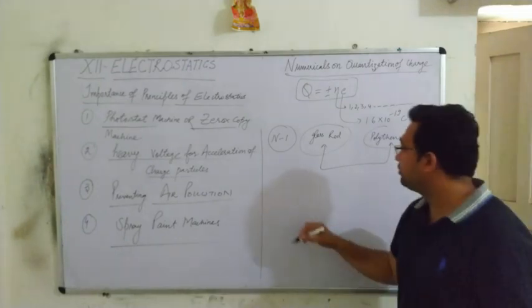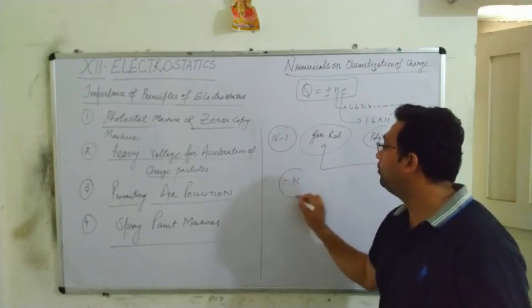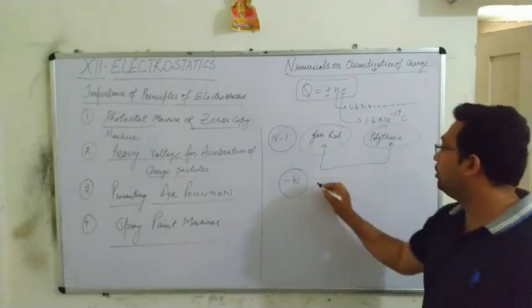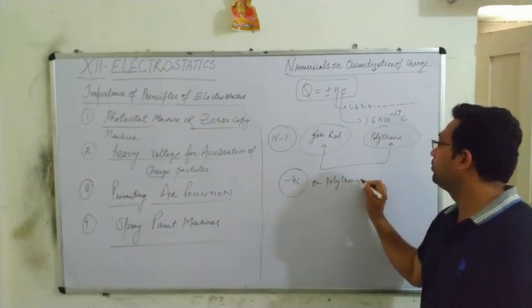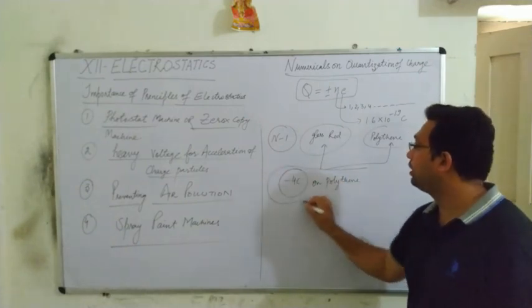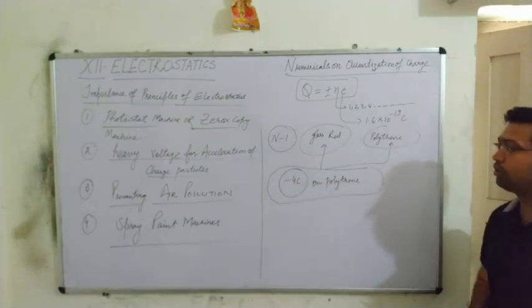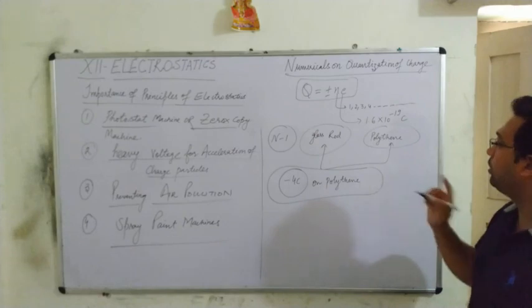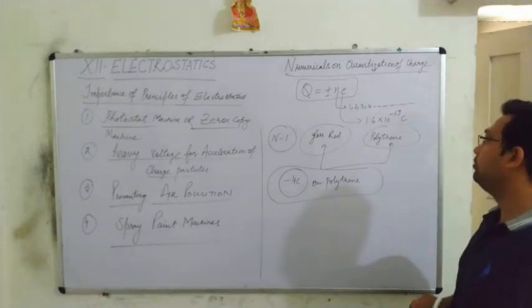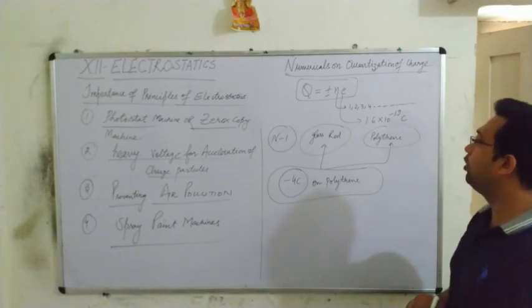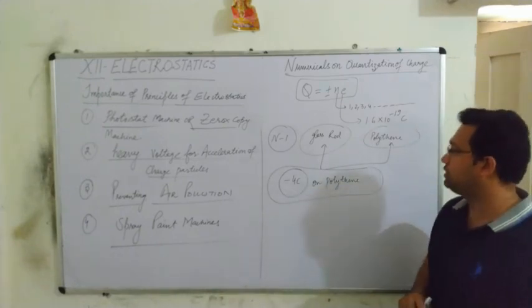We get minus 4 Coulomb charge on polythene. It means the polythene will gain electrons from the glass rod so that it carries negative charge.